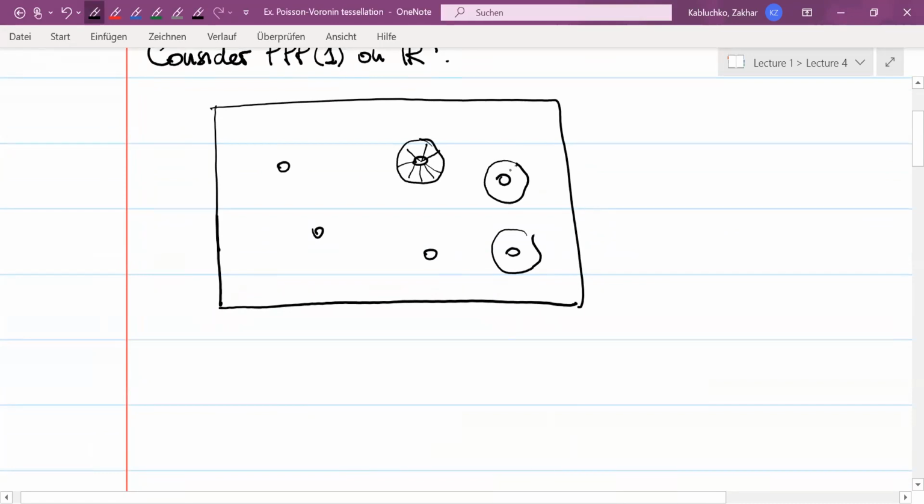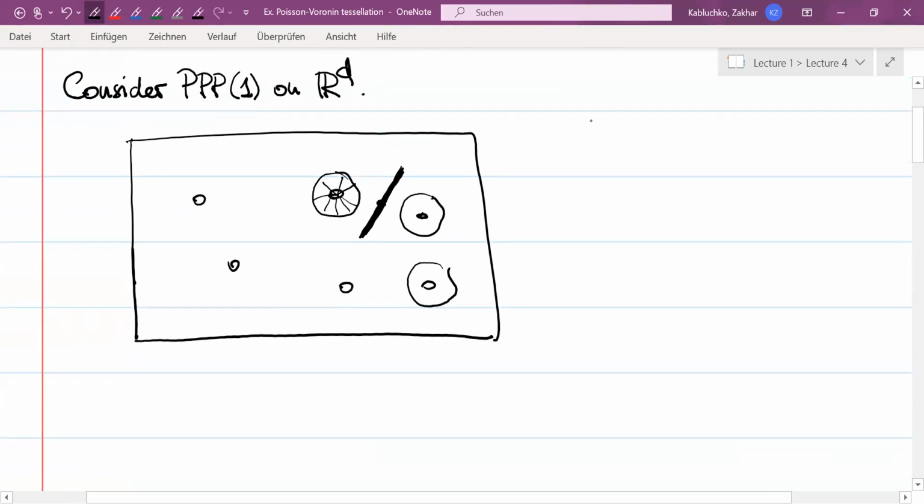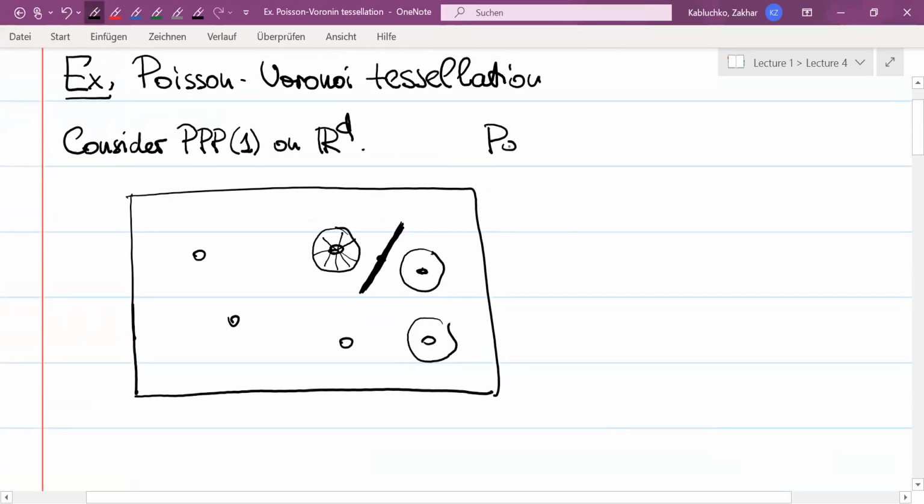For example, if we take these two ones, they meet in the middle, right? And if they meet, a boundary is generated between them, and then they stop to grow. And now what is the crystal of point Pi? I denote the points P1, P2, and so on.